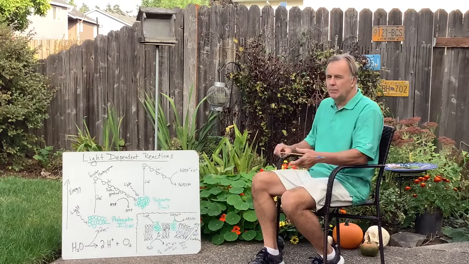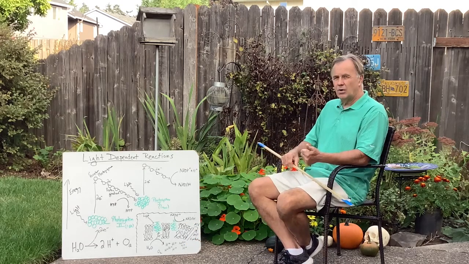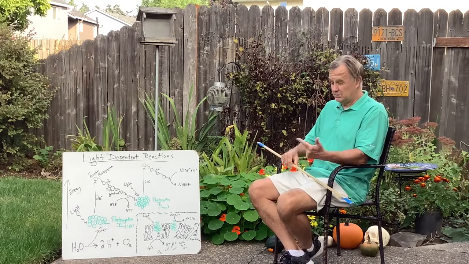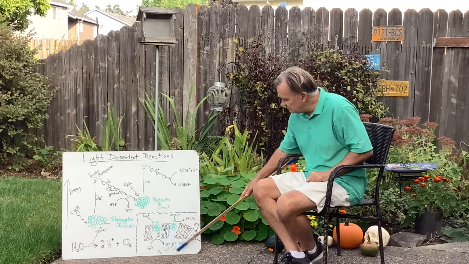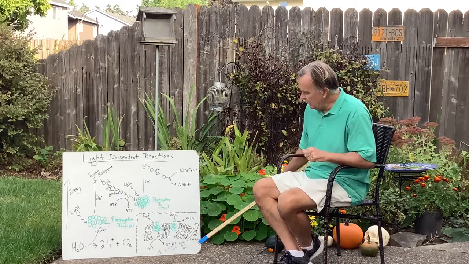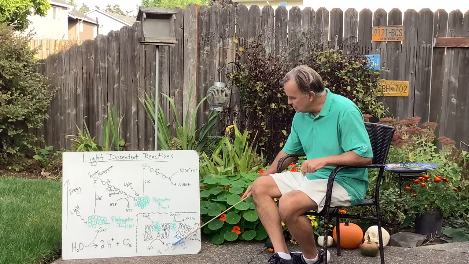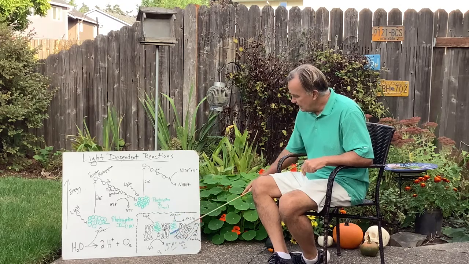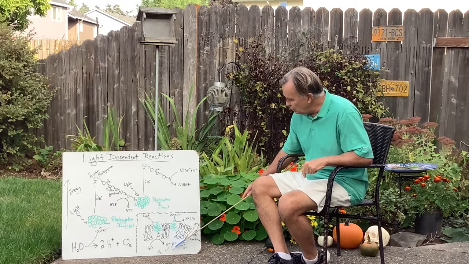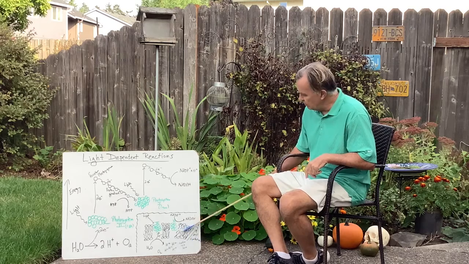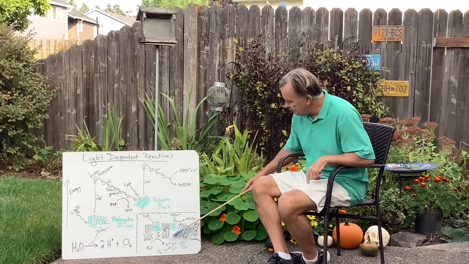What we're setting up is called an electrochemical gradient: electro because there are more positives here, and chemical because there are more hydrogens here than outside. Because of their charge, they can't get through this membrane, so they build up over here.